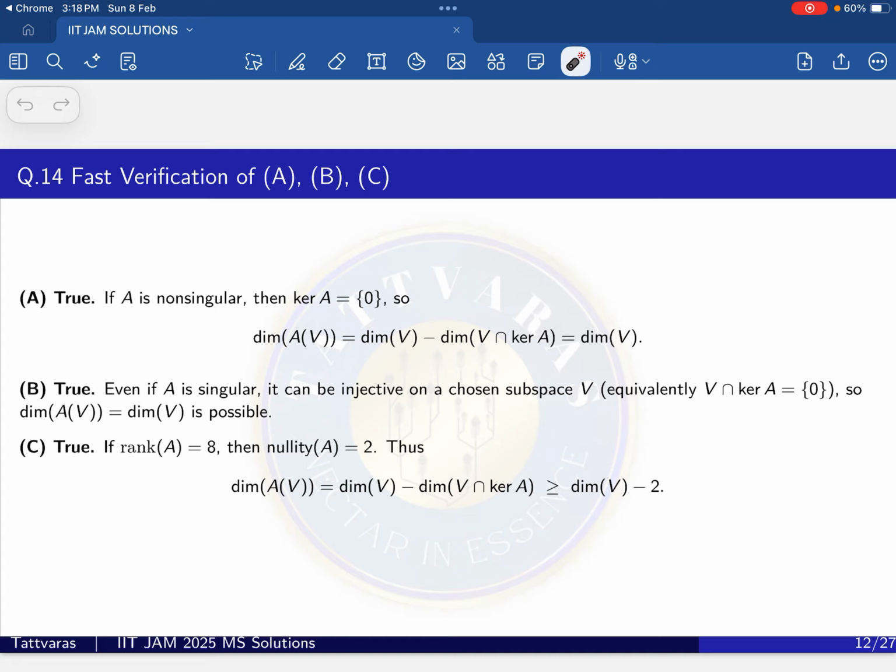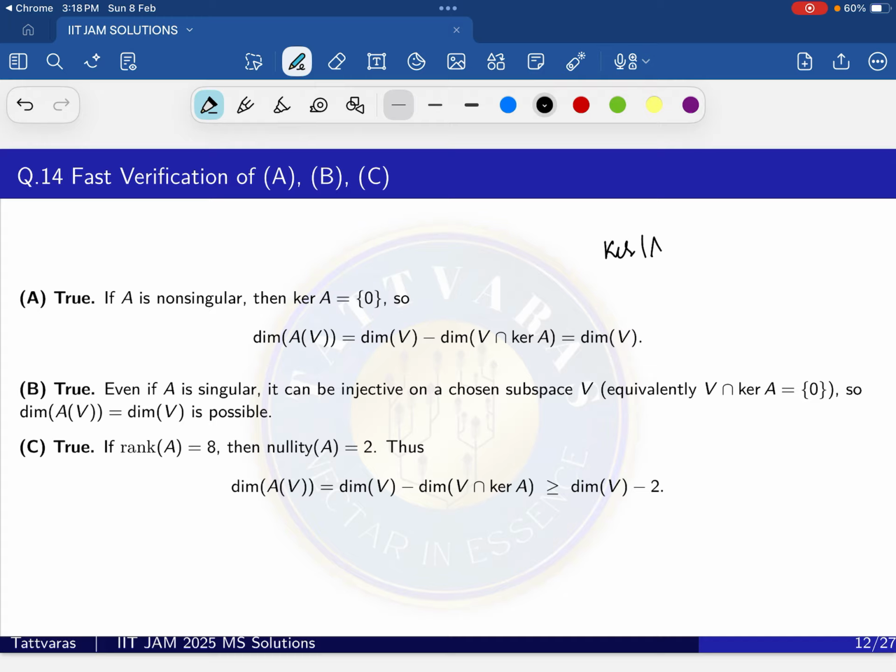So that means option B also should be true. You might think a little bit on this, but this is for special situations where A is singular, and there you will see what the kernel space or the null space of A is.